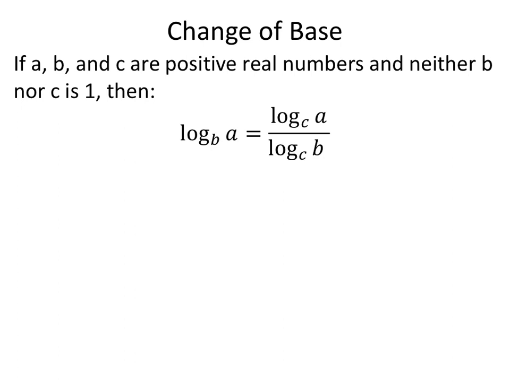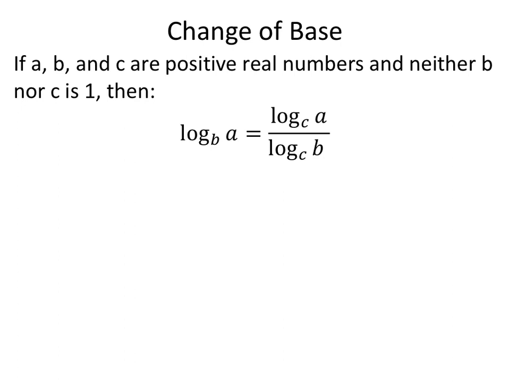There's a proof of this, but I'll try to put it on Canvas from YouTube. But the base value, the log base, is in the denominator now, and then the A value, which is the log of, is the numerator.